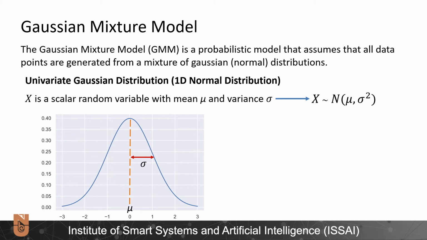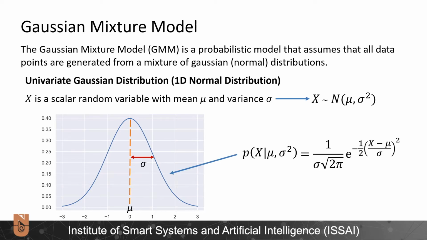If we want to plot the Gaussian distribution, it will look like a bell-shaped curve with mean at mu and one standard deviation defined by sigma. This specifies the probability of x taking on different values, defined by the following probability density function.